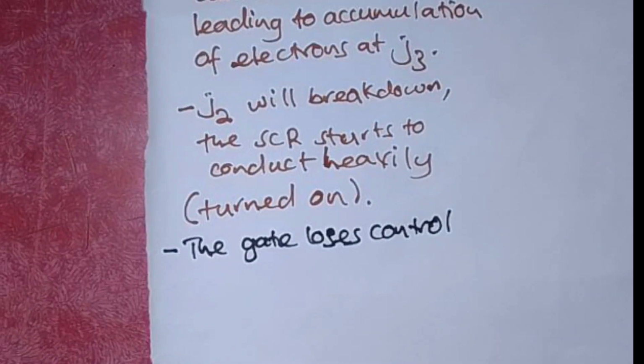It can no longer control the output. Therefore, that means the anode current cannot drop even though you remove the gate current. This simply means that removing the gate current or the gate voltage will not turn off the SCR. Do you get the point?